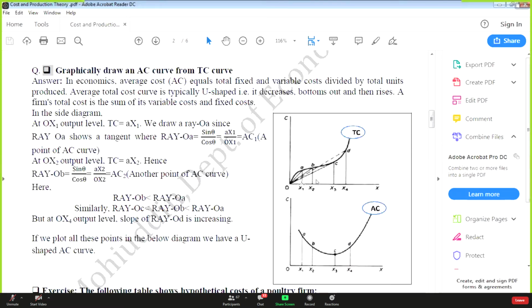Is it or not? Yes. So it means at OX1, total cost equals AX1, isn't it? Yes, sir.